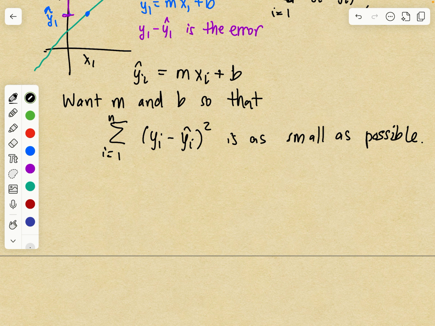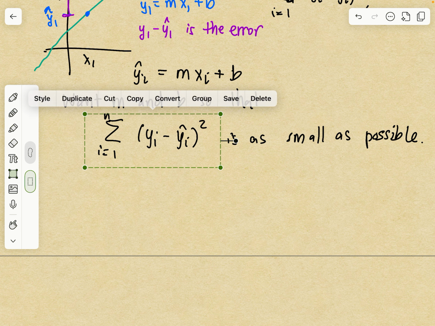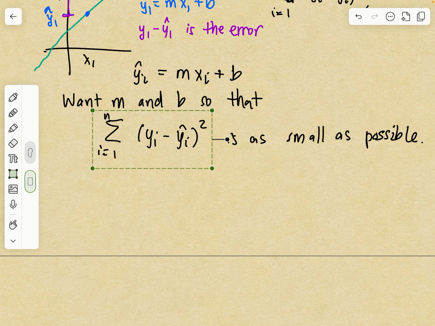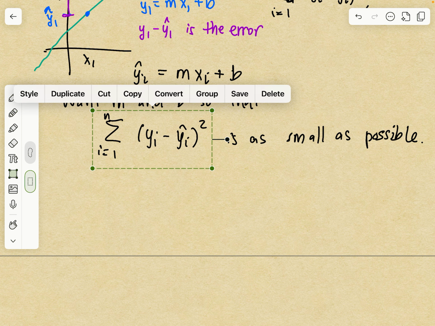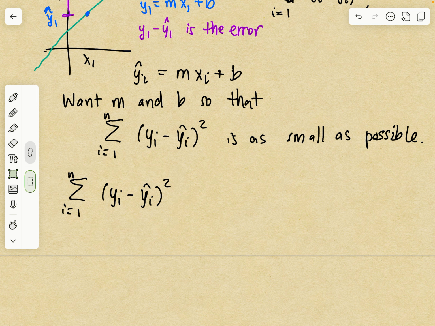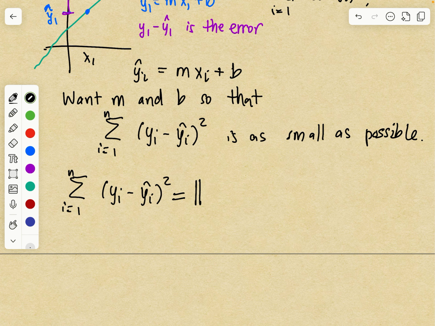And let's look at this expression. This expression is equal to the norm of the vector (y1 minus y1 hat, y2 minus y2 hat, all the way to yn minus yn hat), that norm squared.